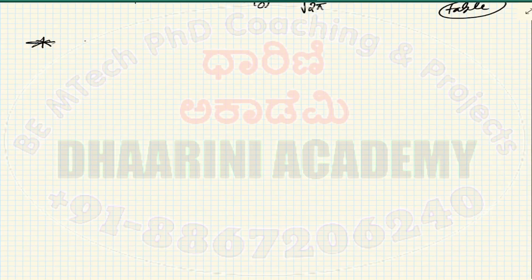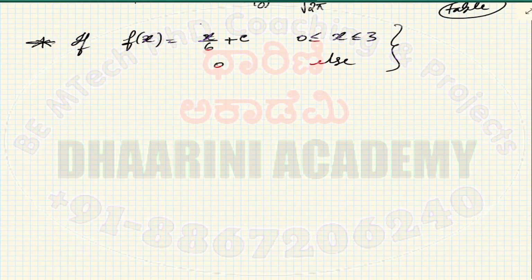Let's say f of x is equal to x by 6 plus c for 0 less than or equal to x less than or equal to 3, and 0 elsewhere, is a PDF.